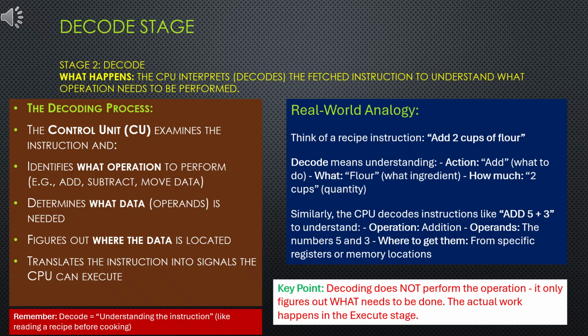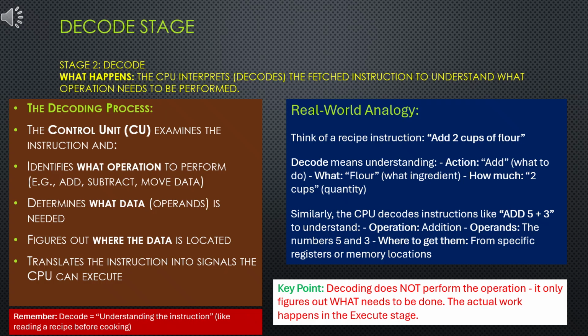Think of our recipe analogy. Add 2 cups of flour. Decoding is the part where you read that line and realize you need to grab the flour, that's data, and a measuring cup, that's 2, before you actually start mixing, that's executing.